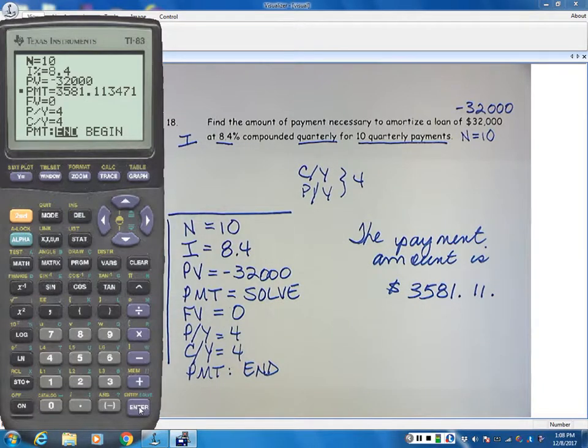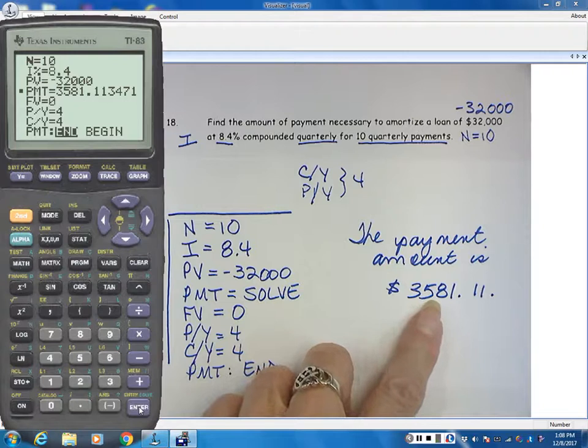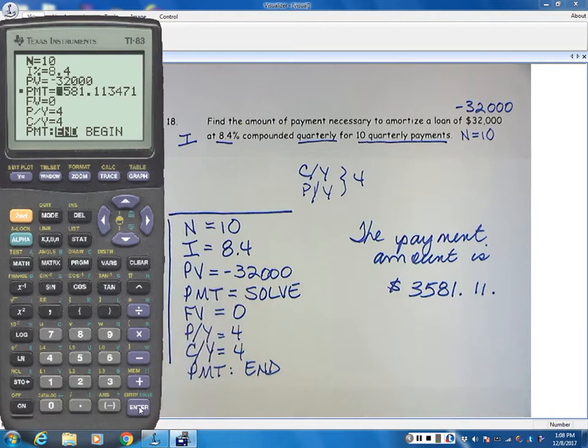So they will pay those payments 10 times, which means they'll be paying $35,811.10 total to repay their $32,000 loan. Okay?